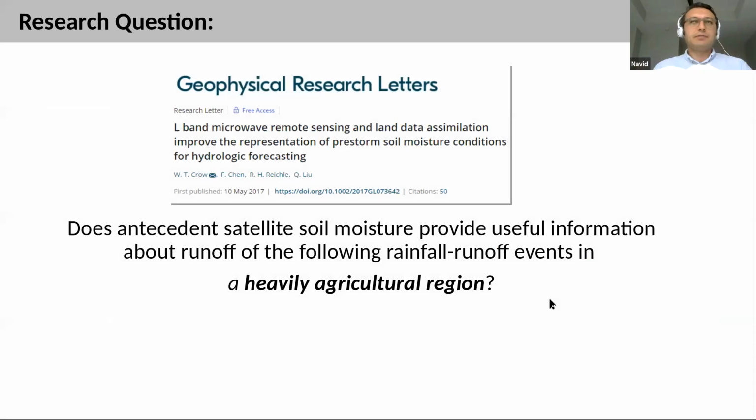Essentially, what we did, we used their approach and added a little bit more analysis to understand better what happens in the agricultural regions in terms of the predictive power of satellite-based soil moisture.